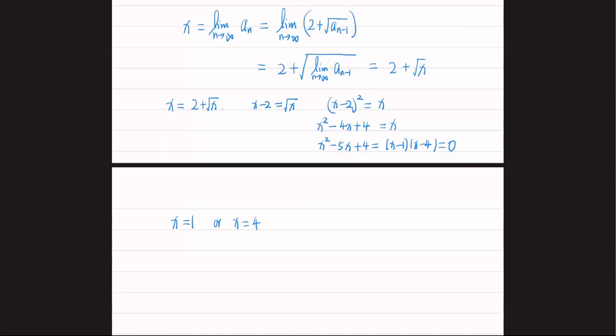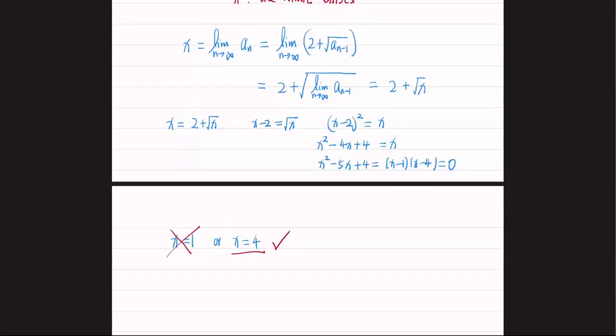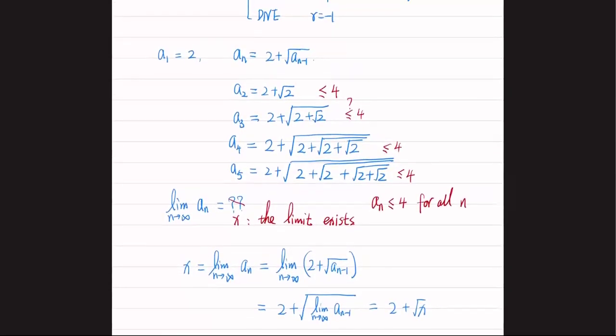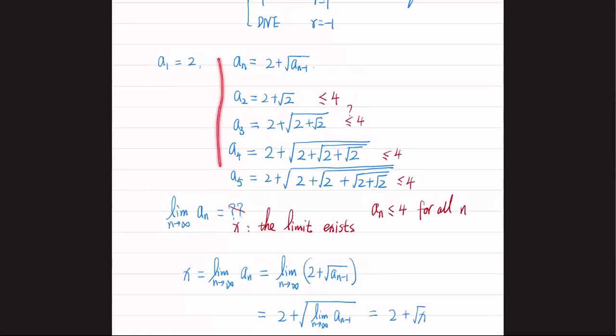So we put this into the formula, it doesn't work. So we get rid of it. And this one works. So with this sequence, increasing, it becomes more and more complicated. But it has a limit, which is a very nice number 4.